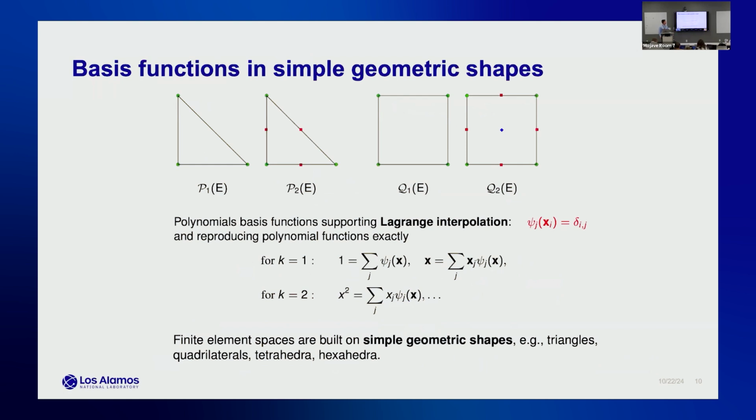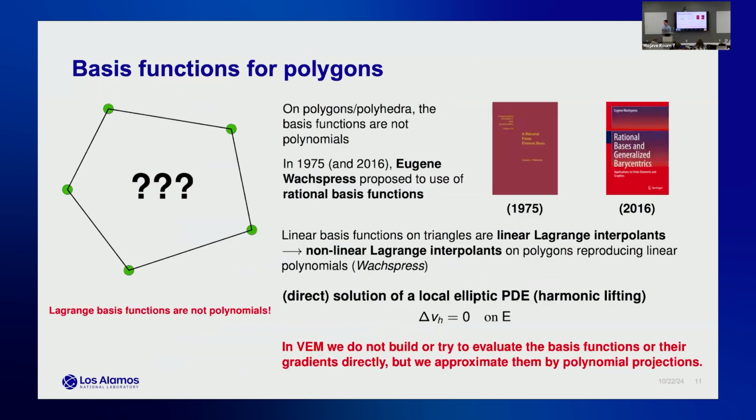In classical finite element, we know how to build polynomial basis functions up to order k explicitly on simple geometries like the triangle and quadrilateral in 2D, and the same applies for simple geometries in 3D. Can we do the same for polygons? Can we build basis functions on a polygon explicitly?